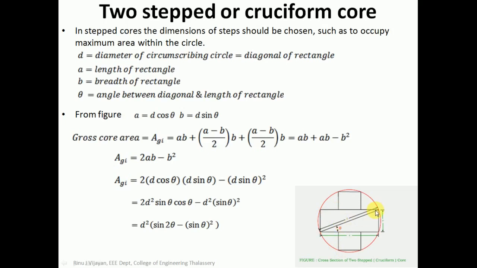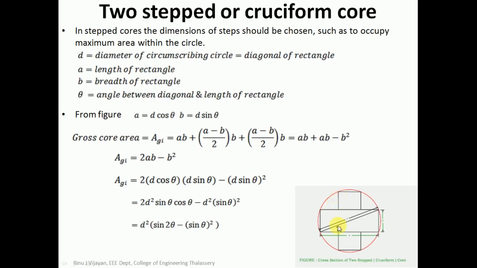This rectangular area can be found out by simply multiplying A with B. If you see this complete rectangle, this whole length indicates A and this much portion will be B. So this portion will be A minus B by 2.